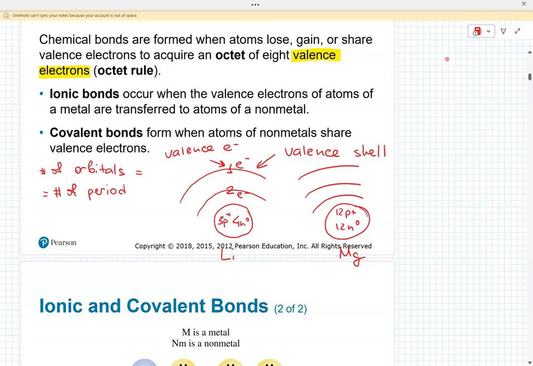It doesn't matter why, but 2 electrons on the first, 8 electrons on the second. So how many do we have left? 2 plus 8 is 10, and then there's another 2 to get to 12. How many valence electrons does magnesium have? 2. These guys. Does that crash course in orbitals make sense?